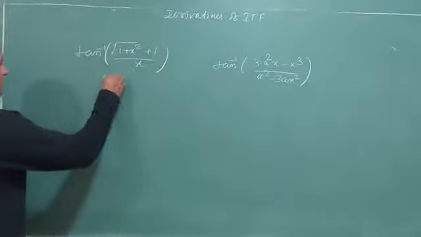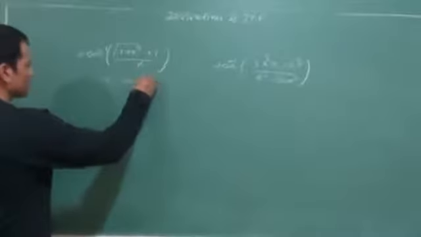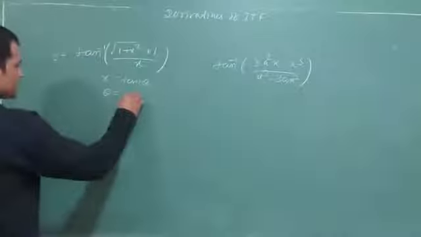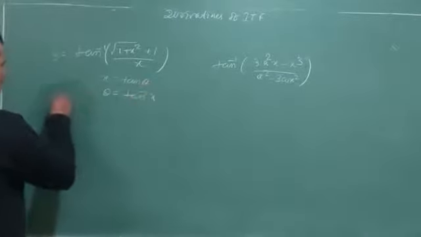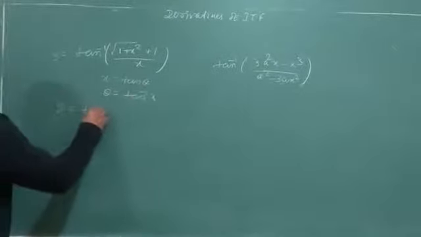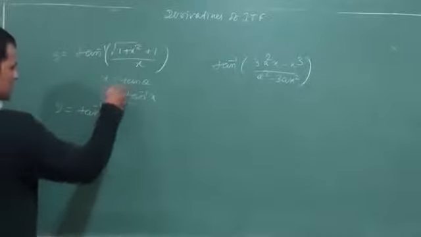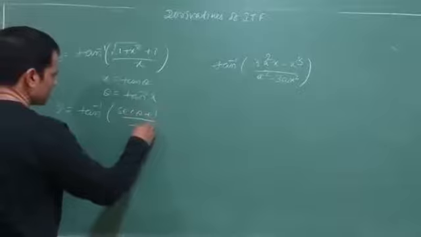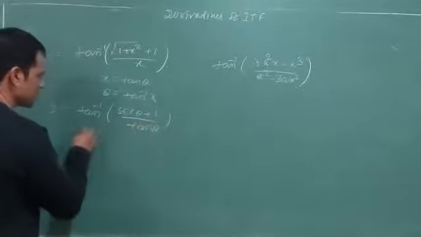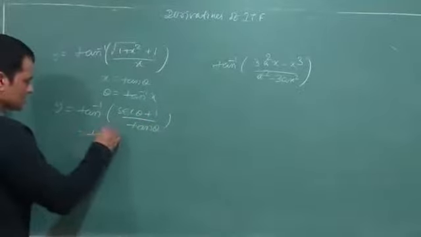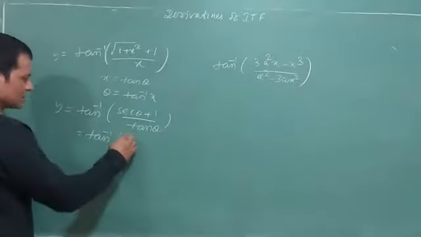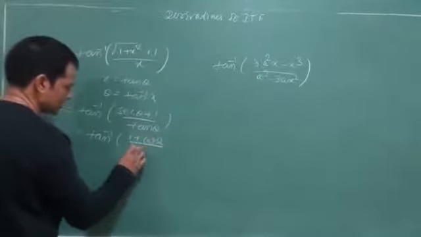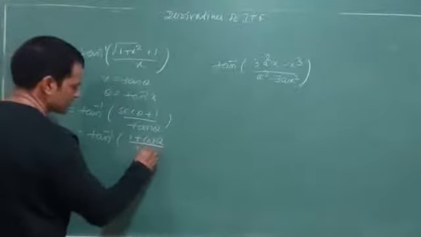So I take x equal to tan theta. Then theta is equal to tan inverse of x. So y is equal to tan inverse of square root of 1 plus tan square theta, sec square theta, sec theta minus 1 by tan theta. Bring in the form of sin and cos: tan inverse of 1 by cos theta, minus 1, over sin theta by cos theta.